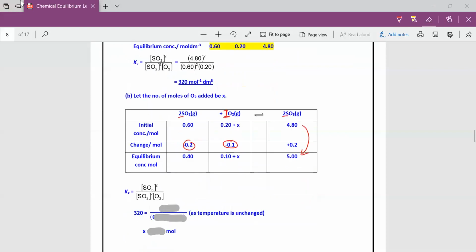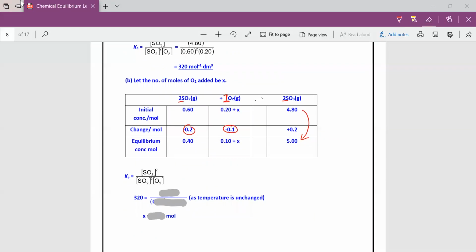Again, we're going to substitute all these values into our Kc, which we have already calculated to be 320.